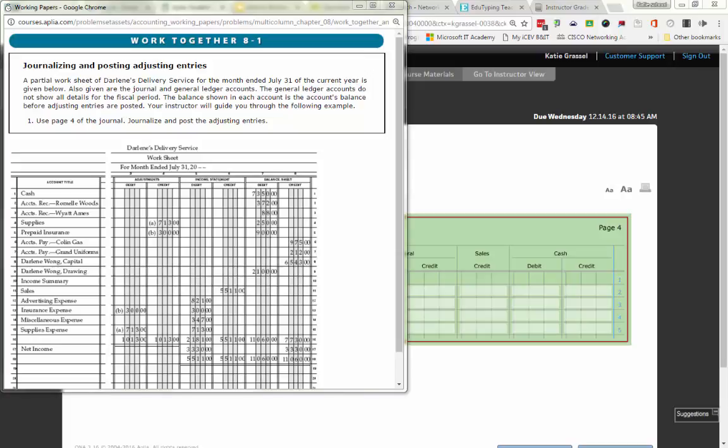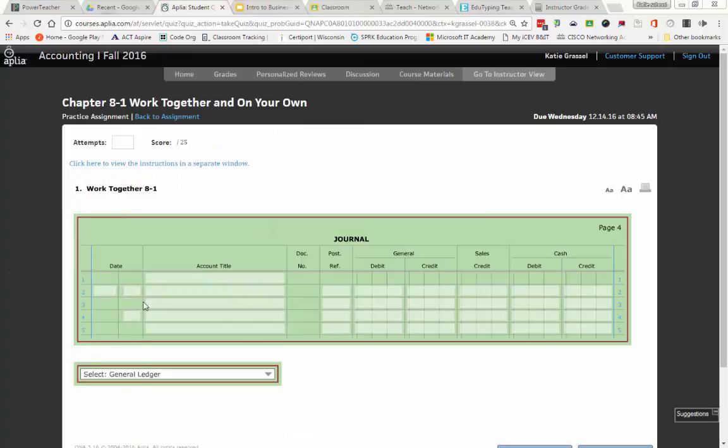Now, anytime we've journalized in the past, we always had to have a source document, like R1, C12, M15, S3. For our adjusting entries, we don't have any source documents. So there will not be that column that's going to be used, but we don't want to just put information on there without having some facts tied to it. On the very first line of the journal, there is not a spot to fill in the date, so they give you a little bit of a clue here.